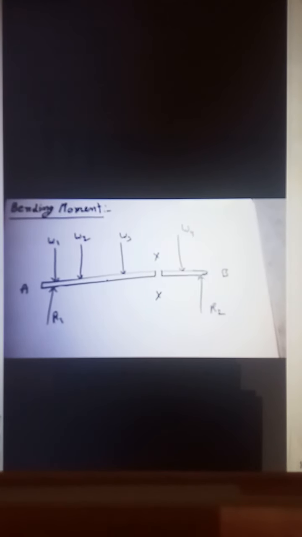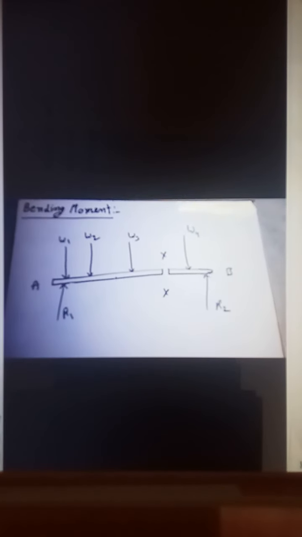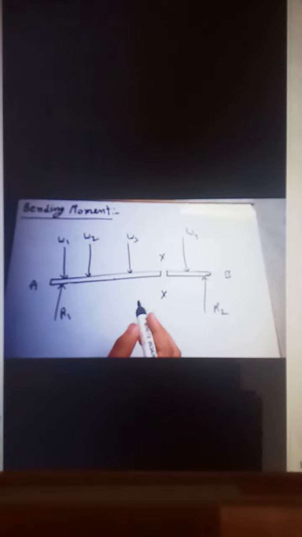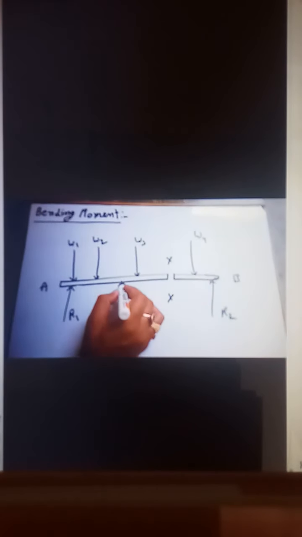R1 and R2. If we cut the section into 2 parts from this point, this AB beam at this XX section, then if the moment M about the section XX of all the forces to the left is clockwise, the moment will be like this in the clockwise direction.